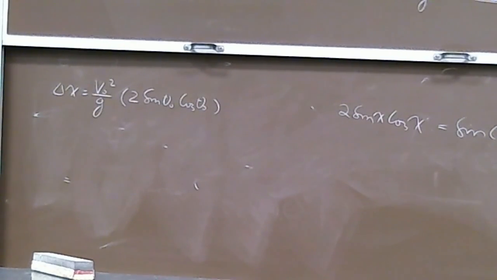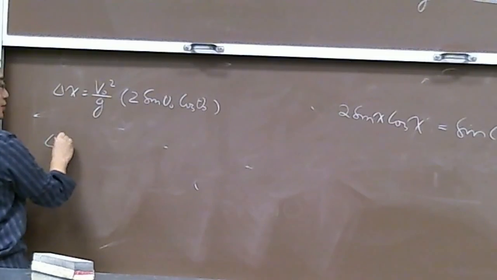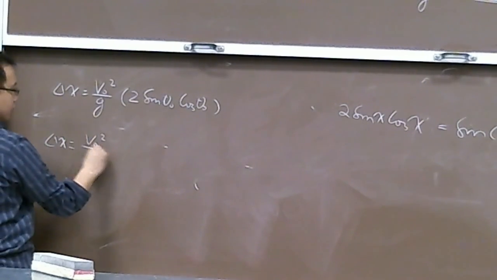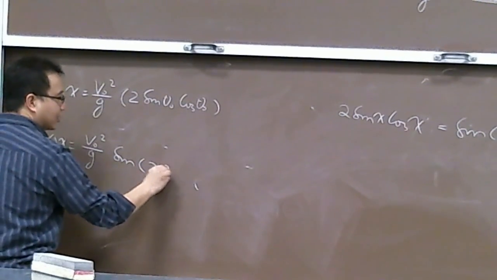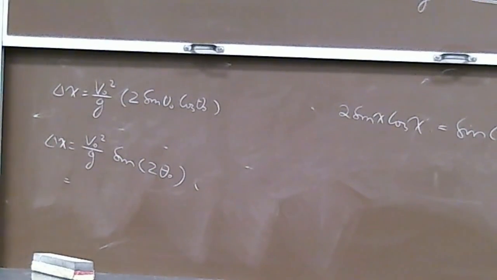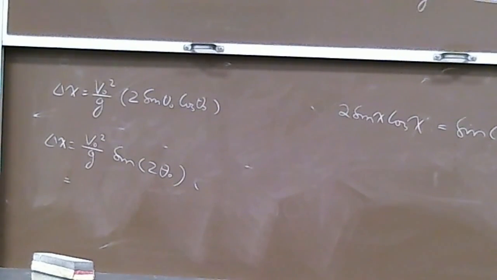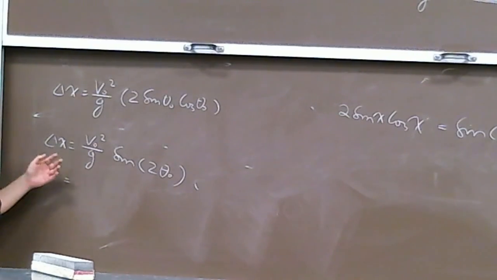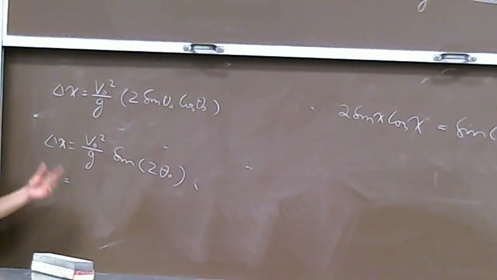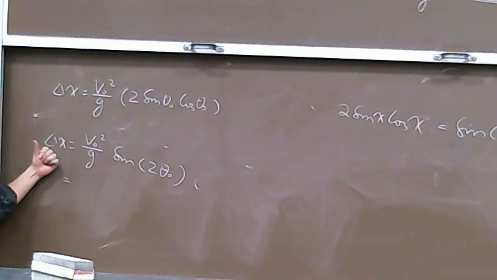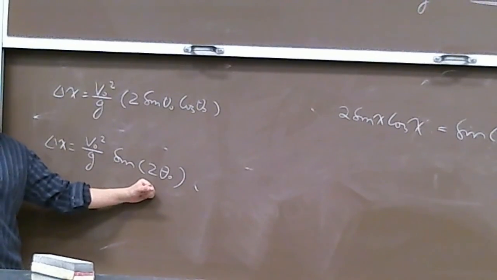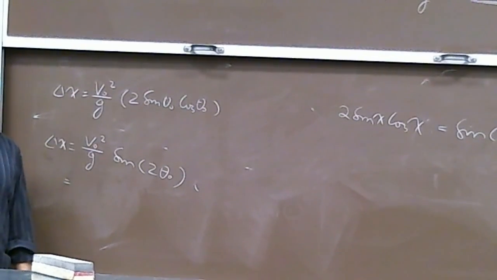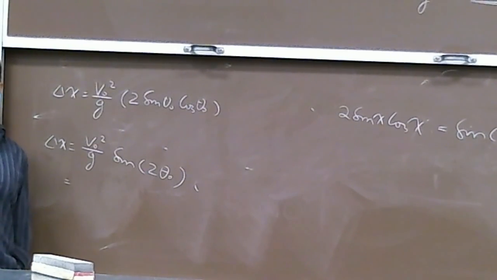It's always 2. So here that means delta x equals v naught squared divided by t multiplied by sine 2 theta naught. So the maximum of delta x will come from the maximum of sine 2 theta naught.